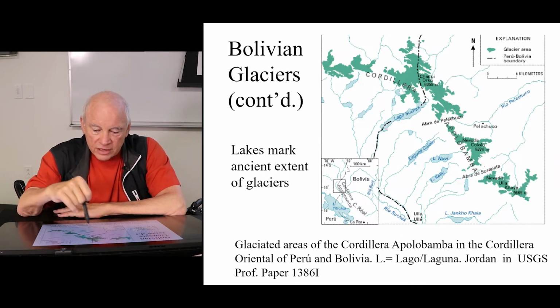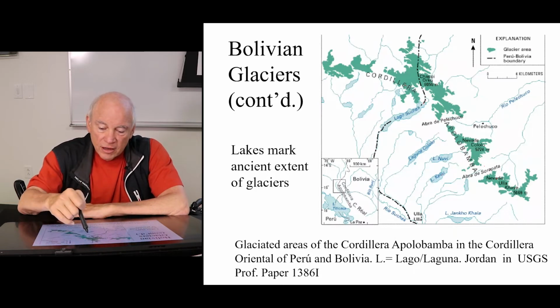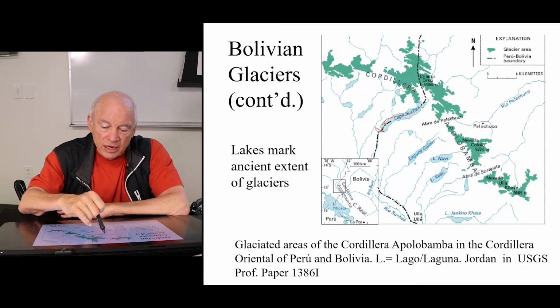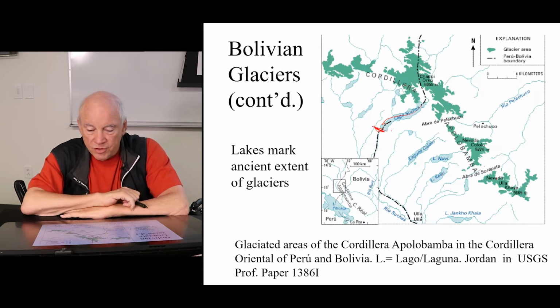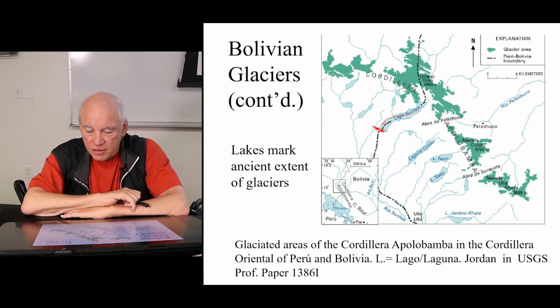These finger lakes are good indications of where the glaciers used to come. So those glaciers carved out embayments and also dammed the downstream part with the debris that they left behind. And as they retreated, they left these lakes. And you can look at them and immediately see where the glaciers used to be.